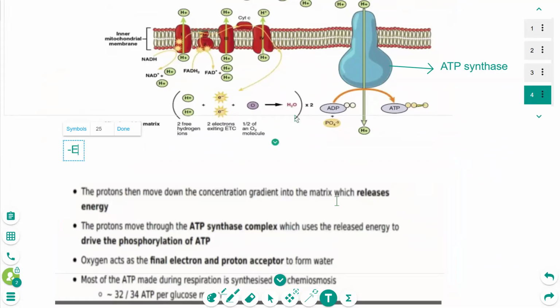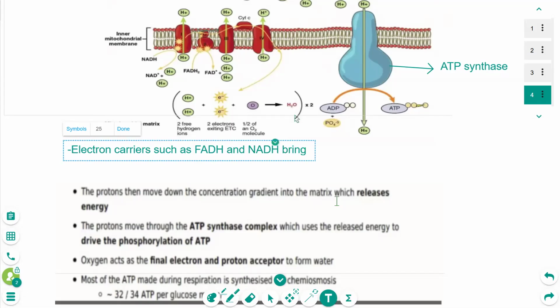Electron carriers such as FAD and NAD bring electrons to the inner mitochondrial membrane.